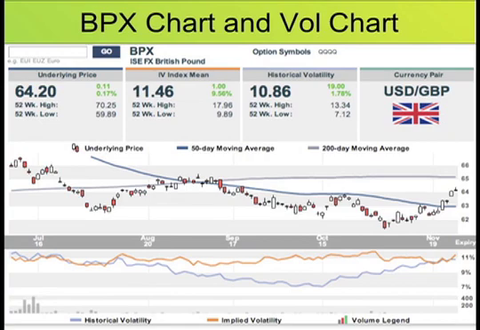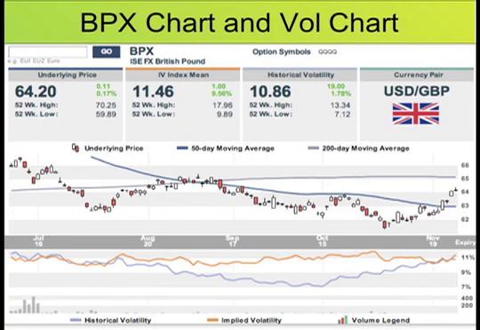Now the blue line, that's your historical or your realized volatility. That tells you what the volatility has been in recent past for BPX. Now if you look at this very last part here, this is the part of the chart that I'm looking at. If you look closely, you can see that the implied volatility is above the historical volatility.